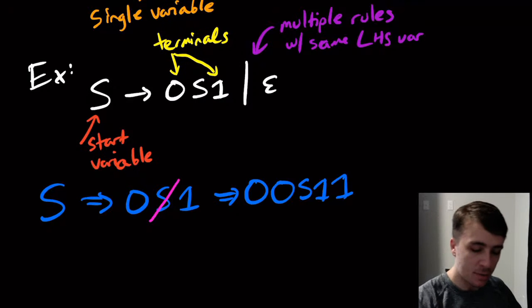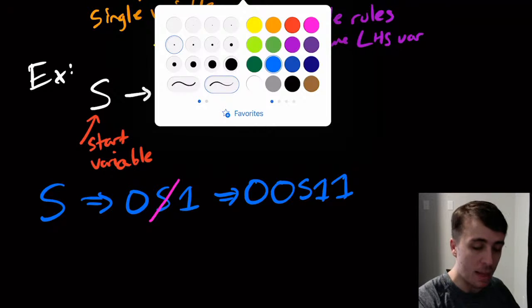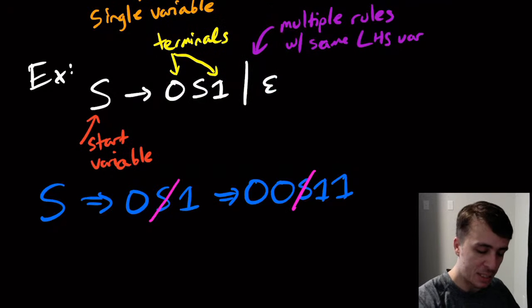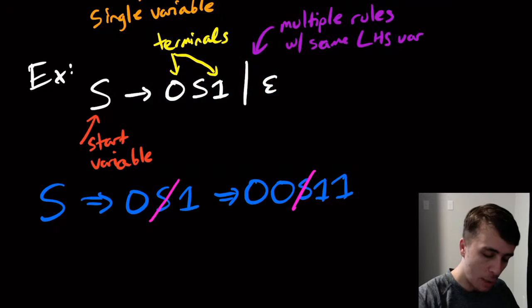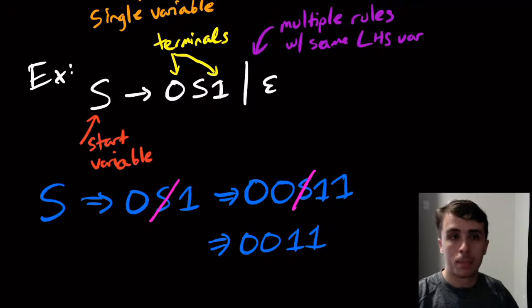And then maybe for simplicity, let's say that we're going to replace this S right here with epsilon. We apply the other rule, so this S gets replaced with nothing. So we'll have 0011. Okay? This is a really simple grammar.